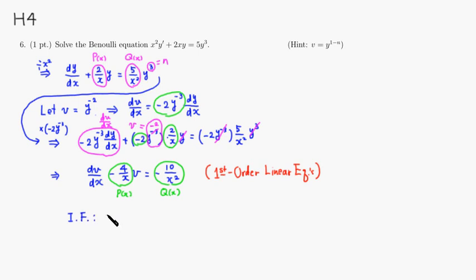I is equal to e to the integral of negative 4 over x dx, which is e to the negative 4 natural log of x, and e to the natural log of x is x, so this is x to the negative 4. Then use this integrating factor to find the solution of v.